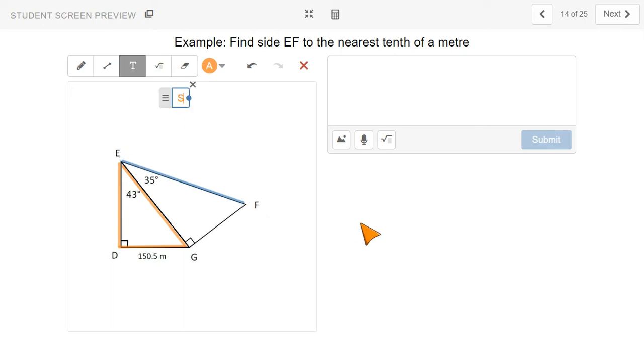So here's our strategy. Find side EG. Then we're going to use EG to help us find EF. So let's do our first one. Angle is here. This is our hypotenuse and the opposite. So I know I'm using sine.